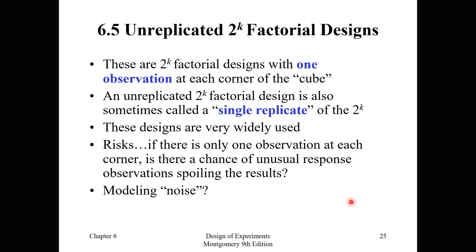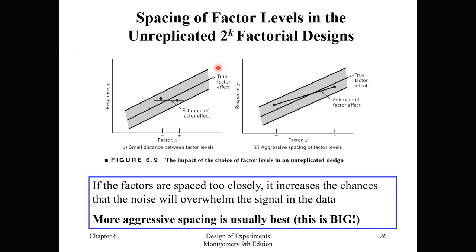But again, there are some risks associated with this when we only have one replication in each of the factor combinations. So when you're picking levels, especially in the unreplicated design, it becomes really important.